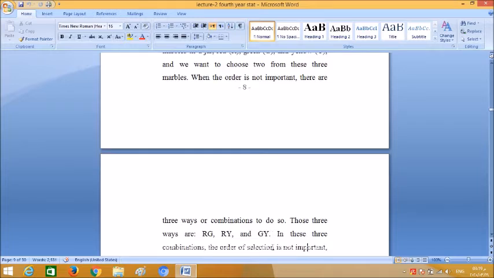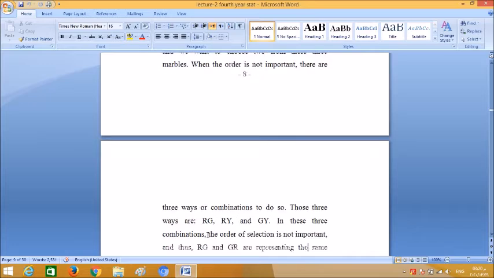In these three combinations, the order of selection is not important. This means that choosing R and G is the same as G and R. Okay? Choosing R and Y is the same as Y and R, and so on. But when dealing with permutation, R and G is different from G and R. Okay? Now you know the difference between permutation and combination.